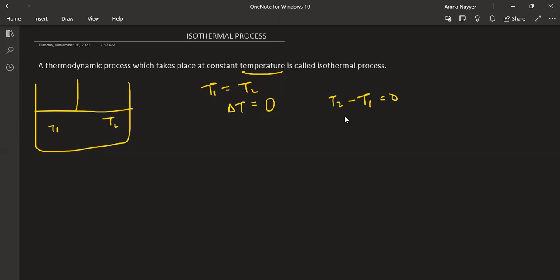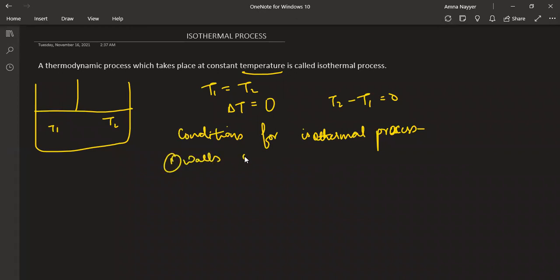So what are the conditions for the isothermal process? First, the walls should be conducting. And the process should be slow.